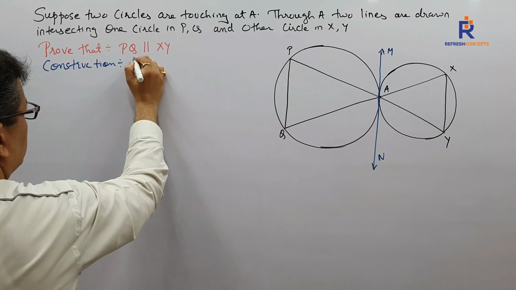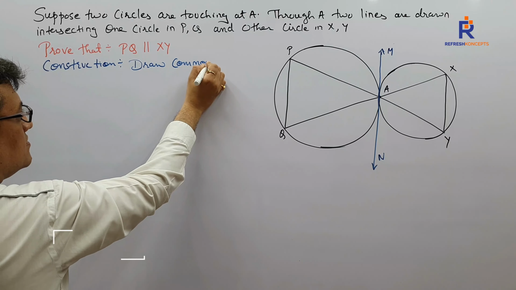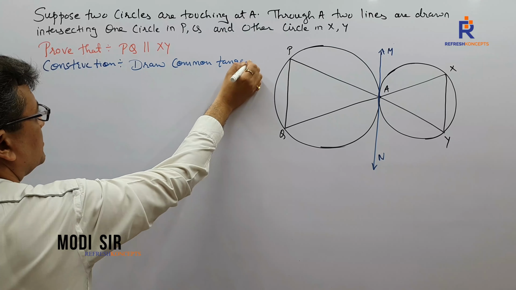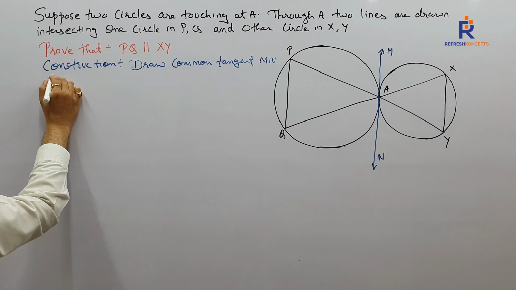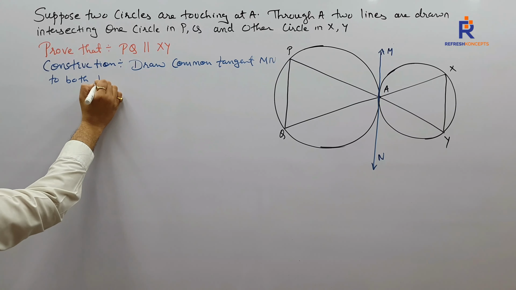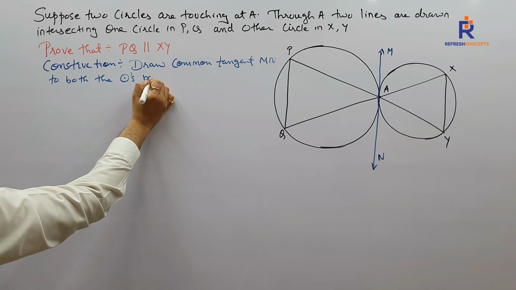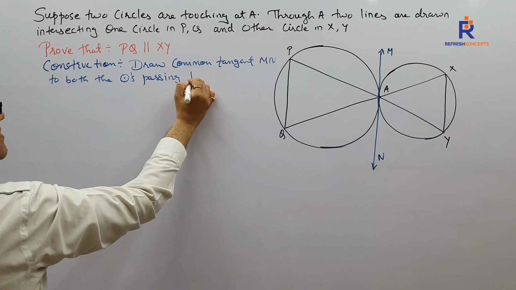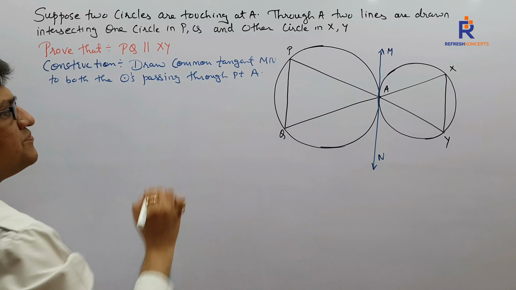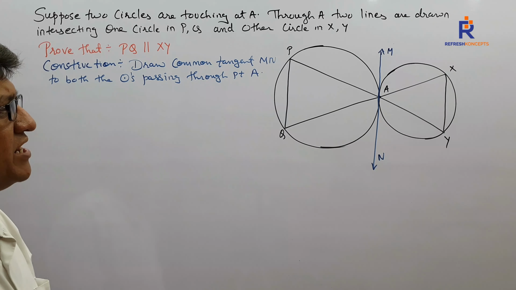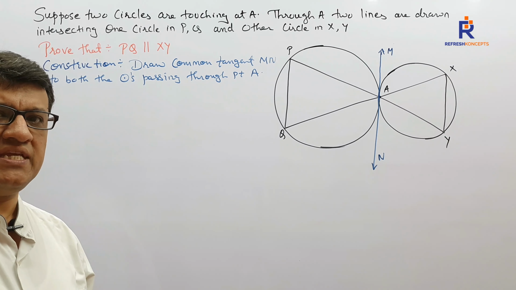So what is our construction? Draw common tangent MN. Pass a common tangent MN to both the circles, passing through point A. Children, what I would like to do is make you understand first the skeletal solution, as I have done many times earlier.